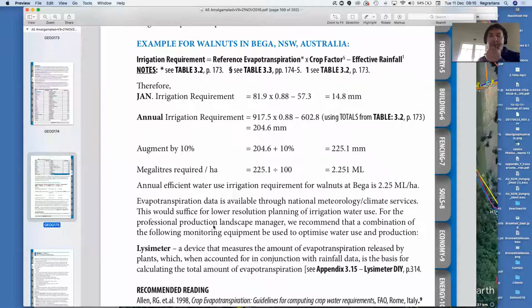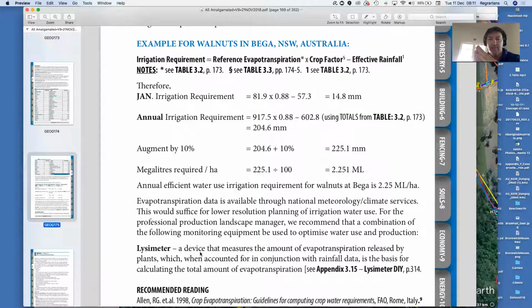So one of the devices that we recommend, if you're interested in commercial production, is one really good device which we've got a do-it-yourself version of, called a lysimeter. A lysimeter can be a really expensive device, like a lot of these things can be, or it can be quite cheap.